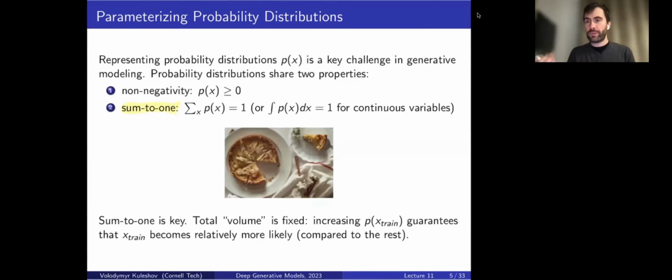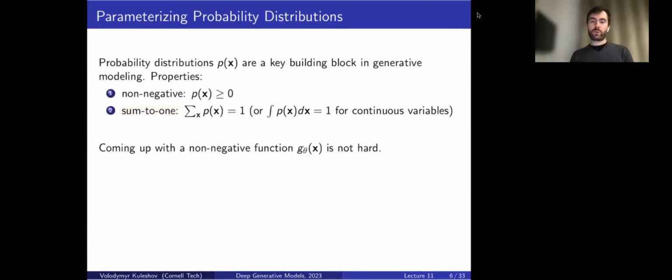It's probably the most important of these two properties, because it ensures that when we do any sort of learning, when we try to maximize the probability of the training set, because we have a fixed amount of probability volume to work with, by maximizing the probability of the training set, we are making it more likely, and then all the other data points that are not part of our training set will become automatically less likely because the probability has to sum to 1. So this property is a key feature of any probability distribution.